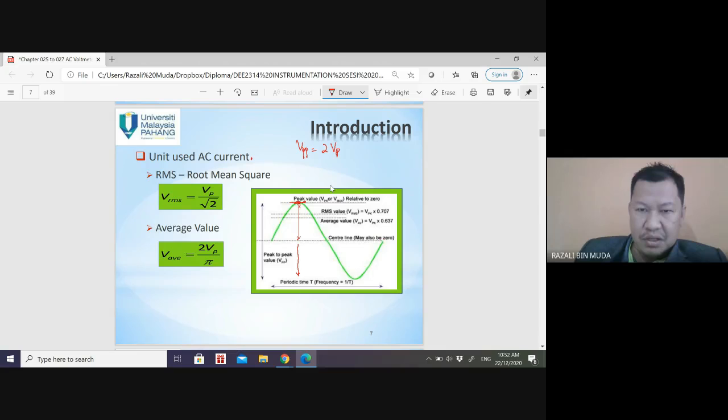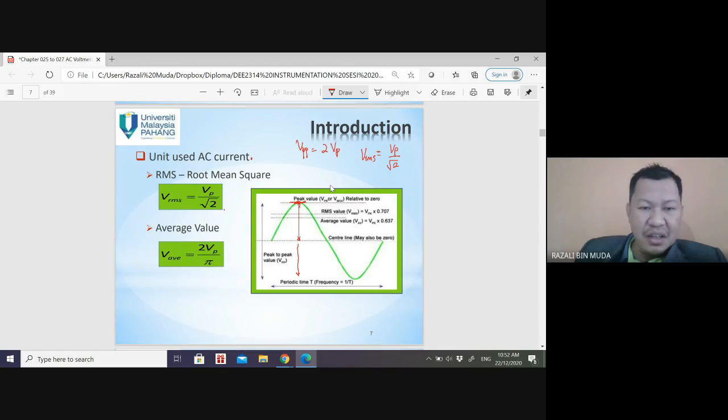Whereas V RMS equals V peak over root 2. There is a long mathematical derivation for this, but if you want to know further, you can ask Mr. Google.